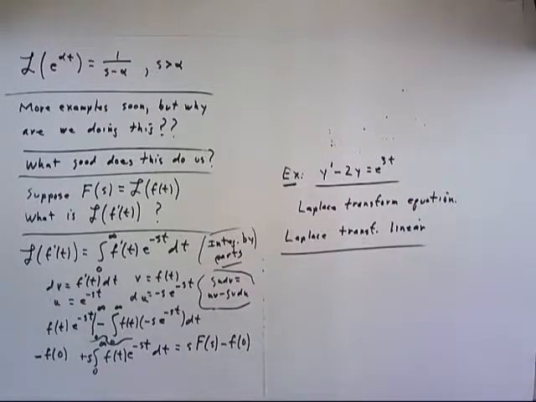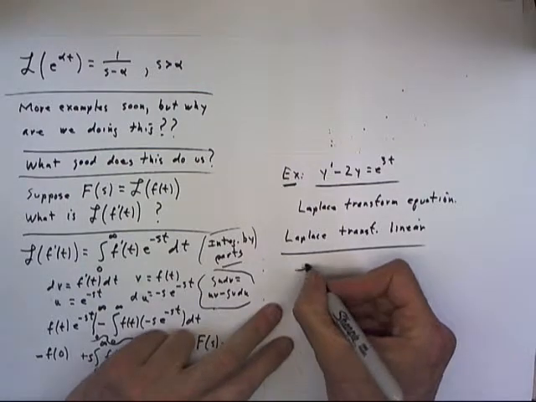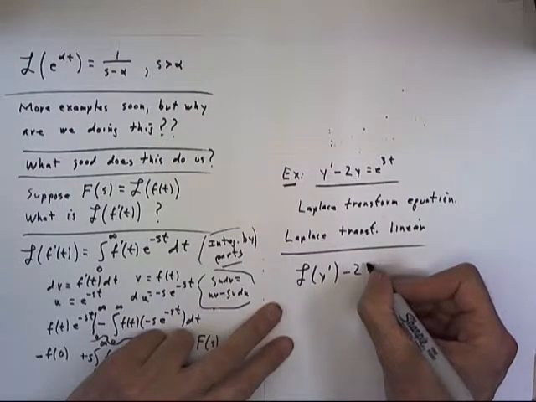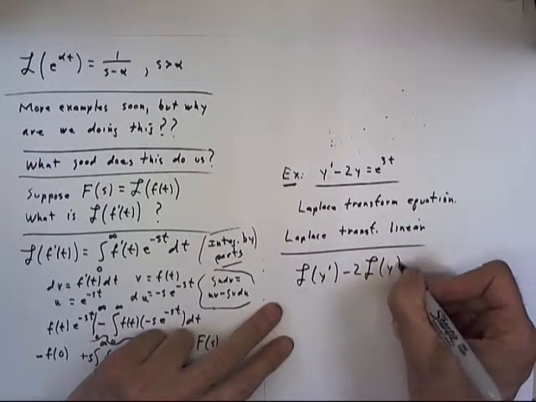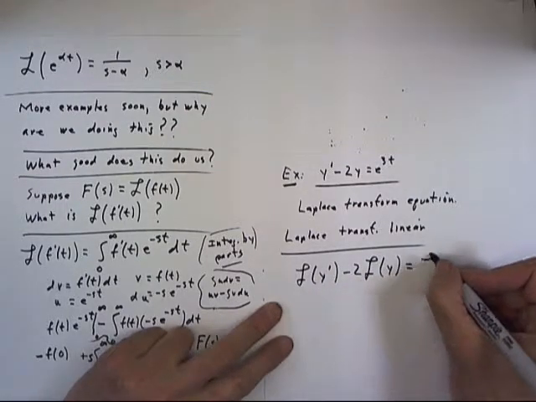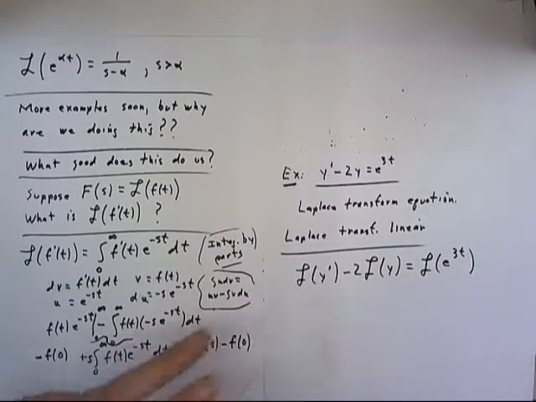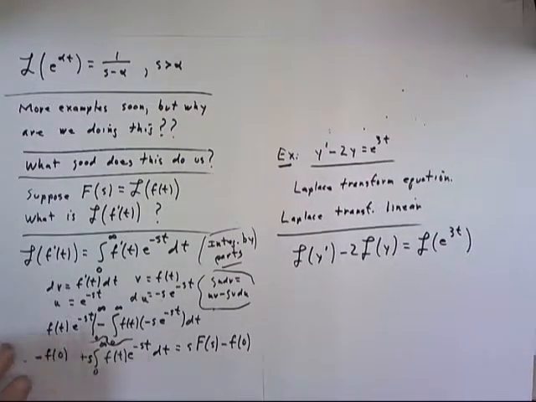This means that to Laplace transform the equation, all we have to do is Laplace transform y prime minus 2 times the Laplace transform of y equals the Laplace transform of e to the 3t. Nothing to it. Of course, you still don't understand where this is heading.